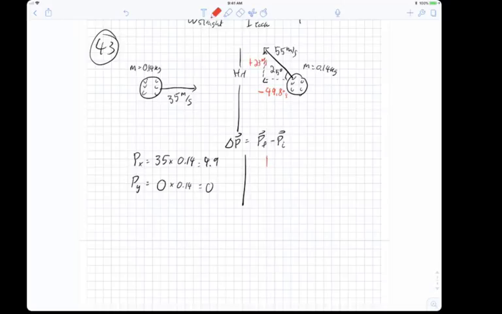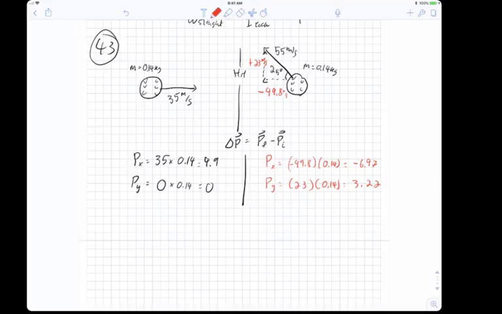So P in the x direction is going to be the velocity times the mass, and in the y direction, it's going to be the velocity times the mass. Minus 6.97 and 3.22. Yep.